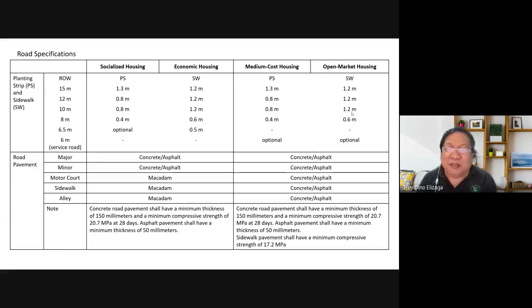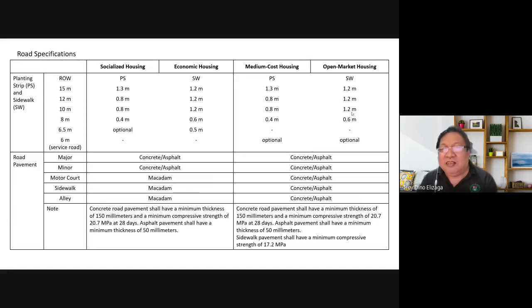Because, for example, when we complain that this is such a big development, how is it that the sidewalk is only 60 centimeters on each side? The reply is always, because that is the minimum given by the code.